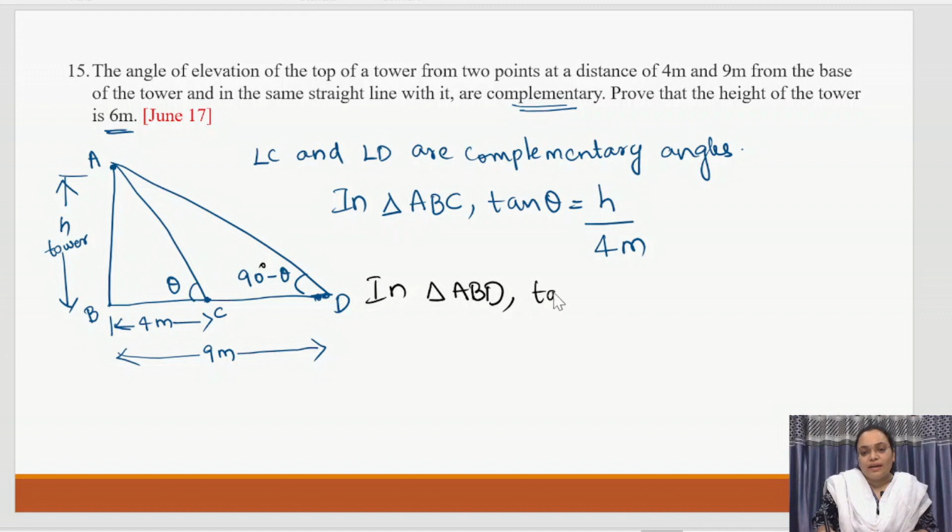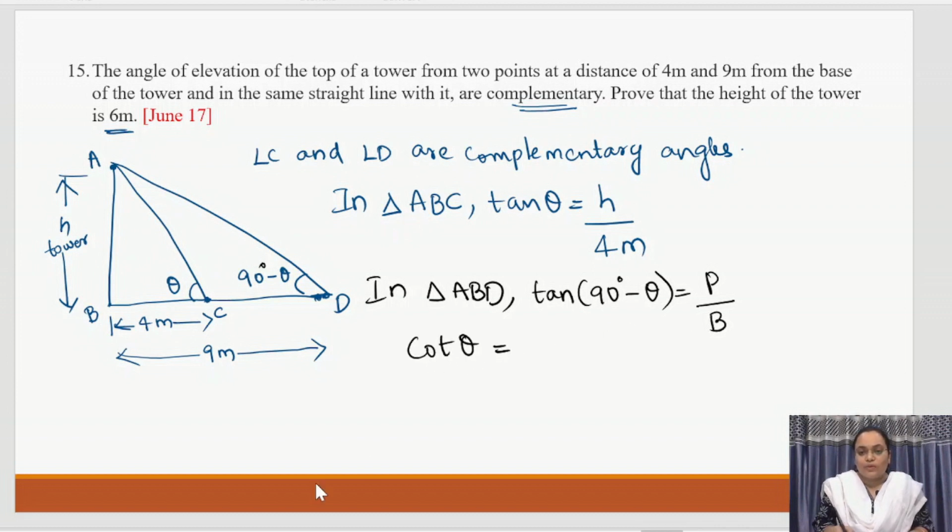You can take tan of 90 degrees minus theta is equal to perpendicular by base. Tan of 90 minus theta is cot theta. Cot theta is equal to perpendicular, your height h, by base, which is 9 meters.